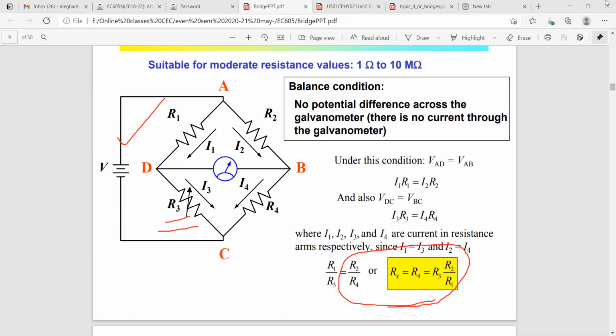How will the formula come? You have to follow which one is the variable resistance. I need to find out Rx in my question, but my variable resistance is R2. So you have to keep R2 separate.